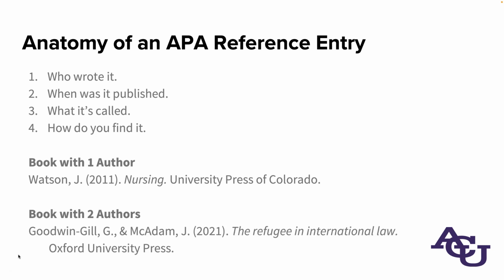Now, if there's more than one author, you can see that we are separating them by a comma and an ampersand. Even when they're just two authors, we put a comma and an ampersand in between their names. You can also see that we are condensing their first and middle names, if listed, to just an initial, because this reduces author bias.